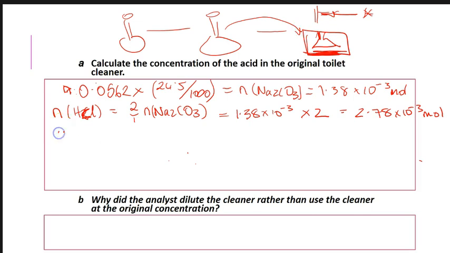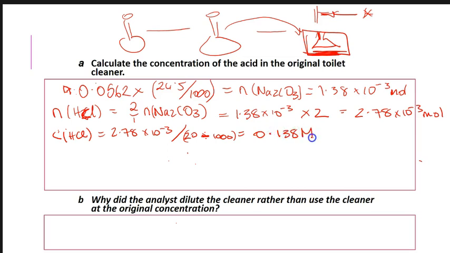So if I work out the concentration of HCl by taking my number of moles and dividing by my volume, which was 20 centimeters cubed for the HCl, I will find that the concentration is 0.138 molar, or moles per decimeter cubed.